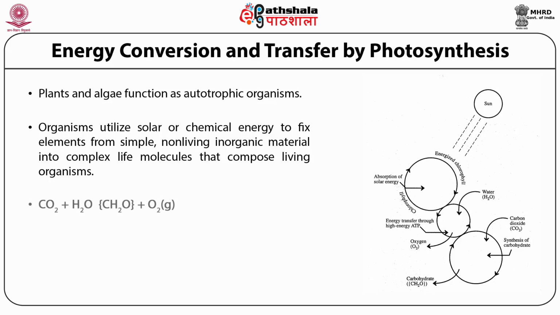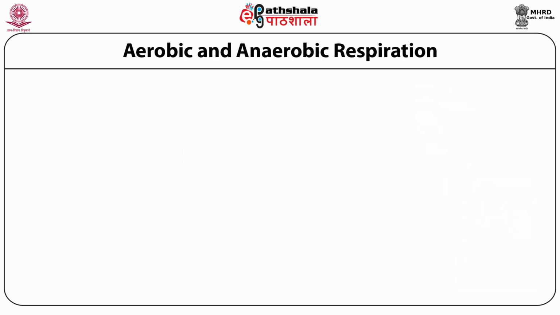In this reaction, the chlorophyll present in plants absorbs solar energy from the sunlight and becomes energized, and with the aid of water and CO2 it produces carbohydrate and oxygen.